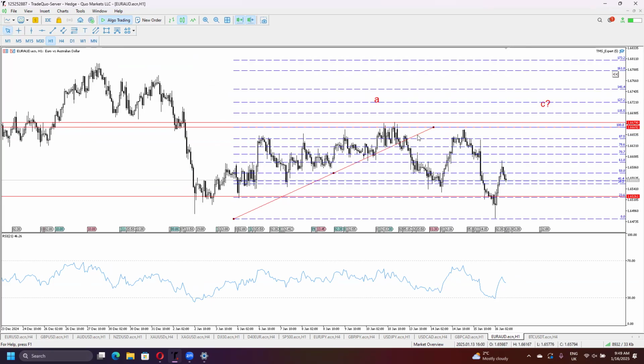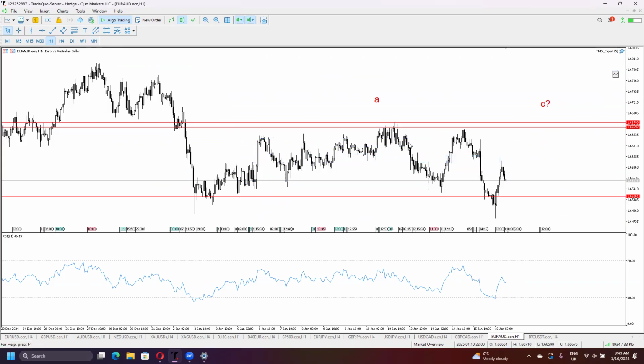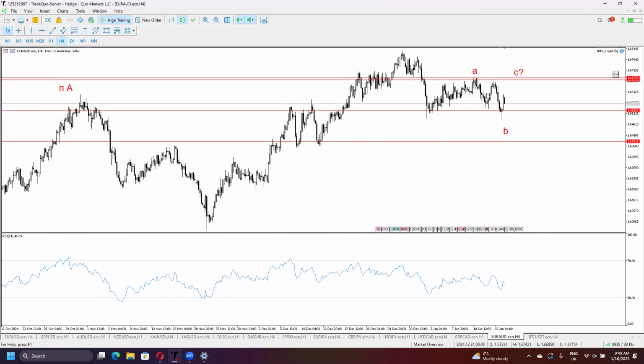So here is the next potential geometric cluster according to our speeding correction. So this is the option number one. The price will go up, touch the geometric cluster, and we will have a chance to enter this market again for sell.